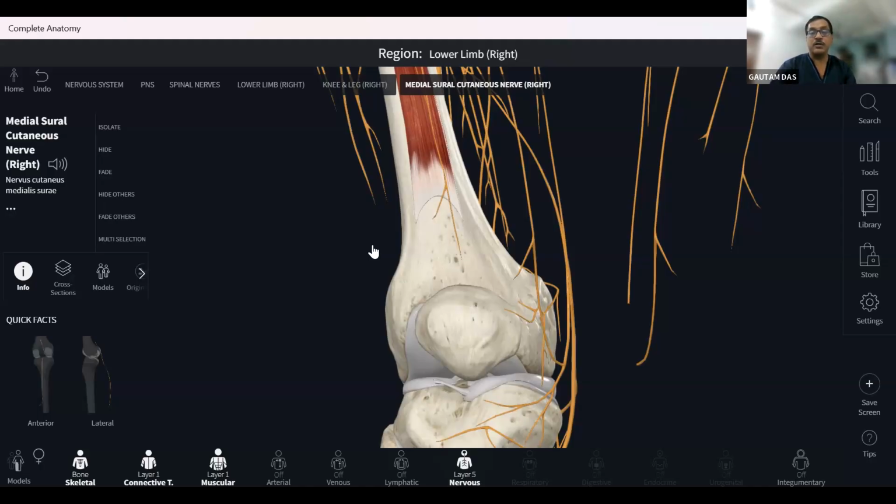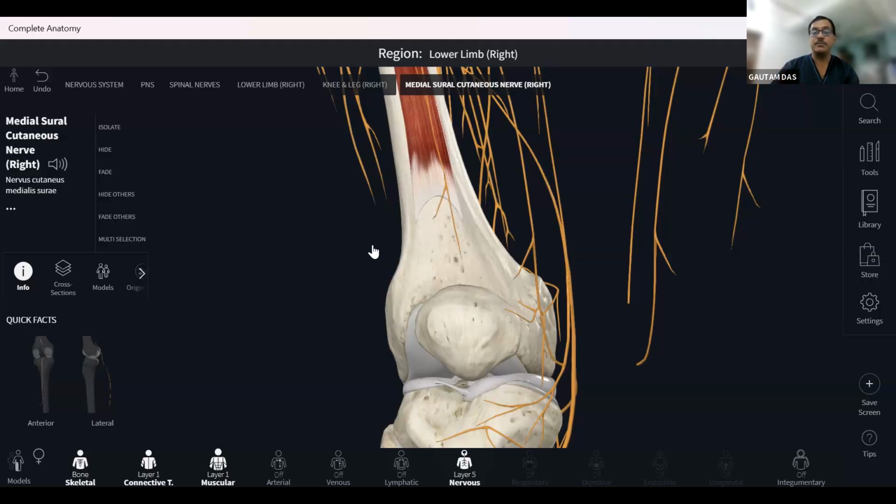So medially, what are the nerves? Medially, four nerves. I'm talking in order from the top: the nerve to vastus medialis, which will be giving supply. Next is the superior medial genicular nerve. Then is your infrapatellar branch of the saphenous nerve, and then the inferior medial genicular nerve.